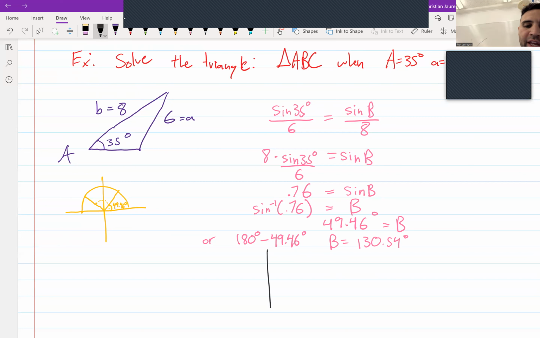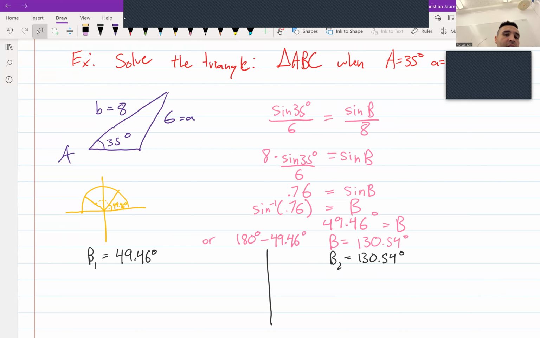We move forward saying B1 is 49.46 degrees, and B2 is 130.54 degrees.